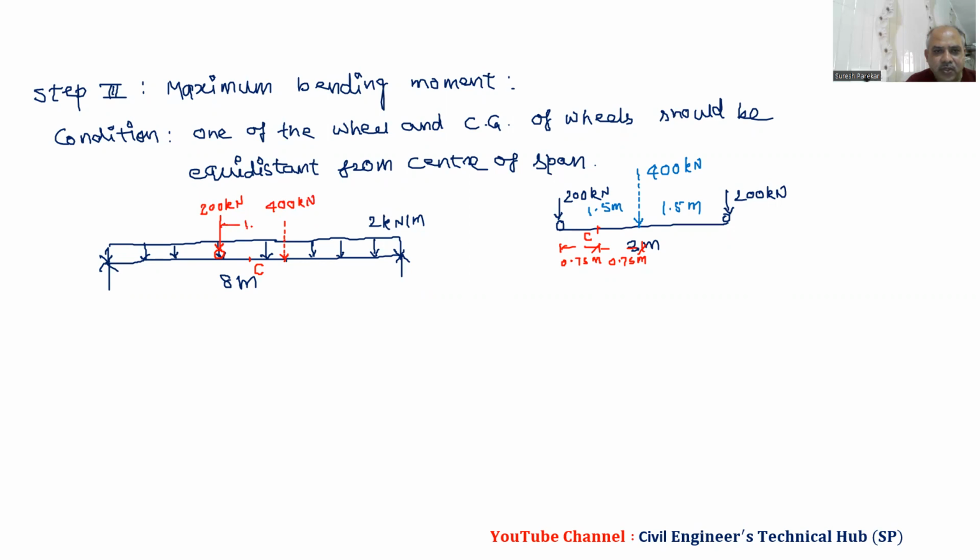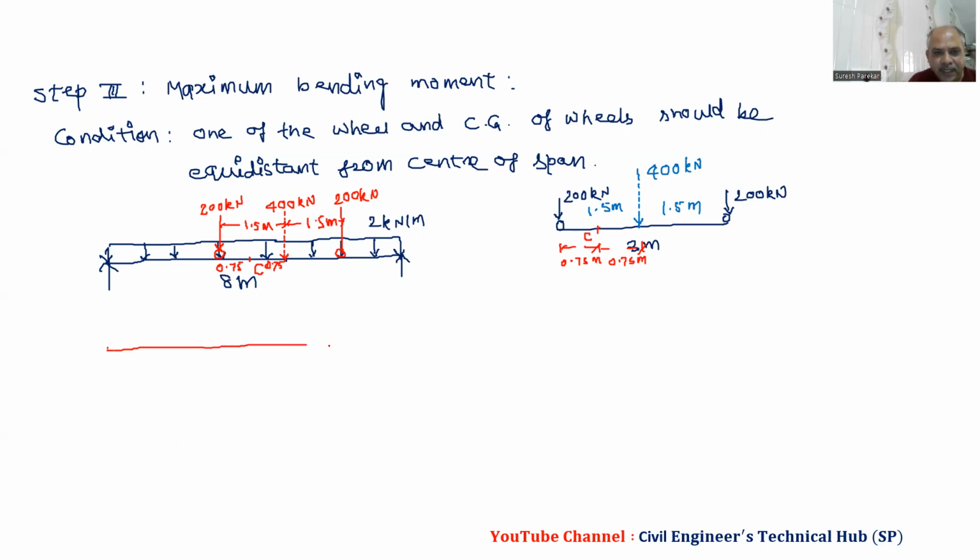Distance between these two is 1.5 meter. The second wheel load we have again at 1.5 meter. I have shown this dotted. And we are interested to find now the reaction and maximum bending moment.